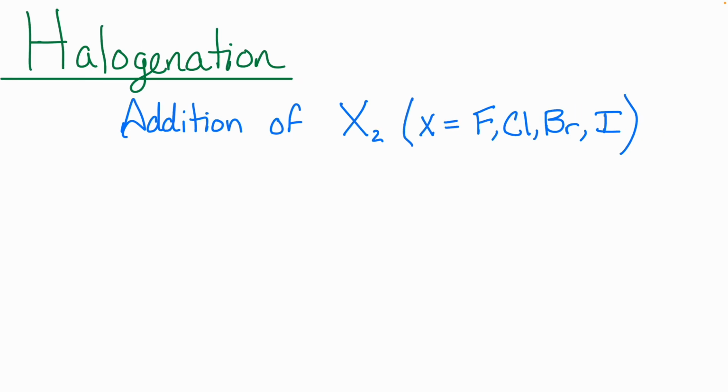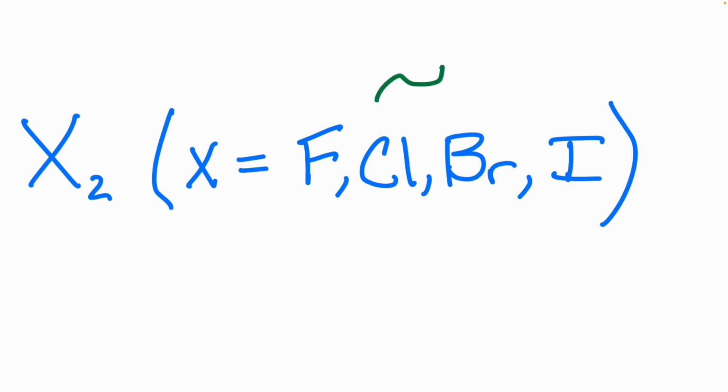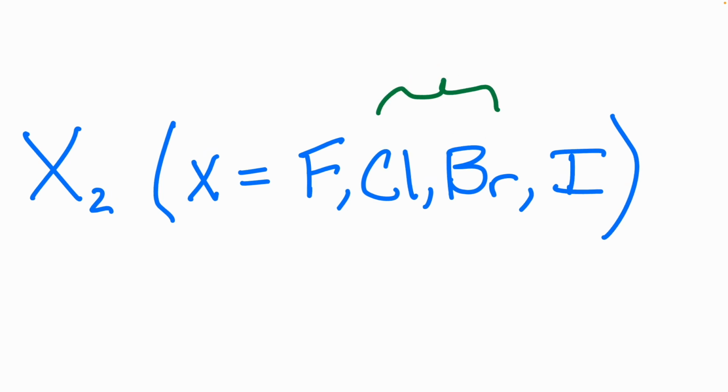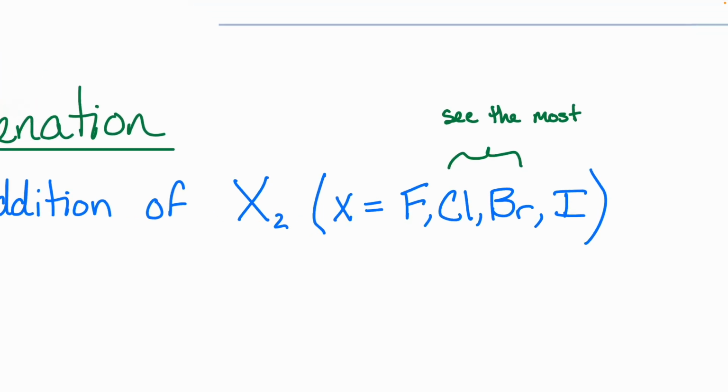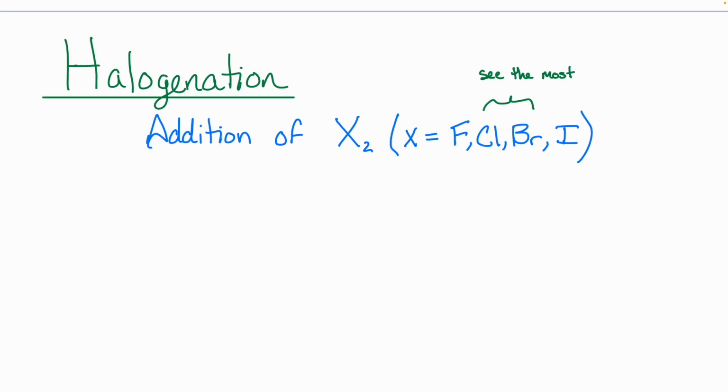There are a few halogens that work way better than the other ones. Chlorine and bromine are the ones that you'll see the most. They just work much more effectively than the other halogens do. Okay, so again, let's first illustrate this with our Lewis structure.